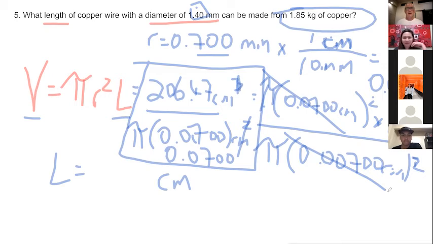Let me double check. So 206 point, what's that divided by? Oh, I see what you did. You forgot to square the 0.07. You need to square that, right? So your answer was right, but you need to divide it again by 0.07. So what's your final answer?